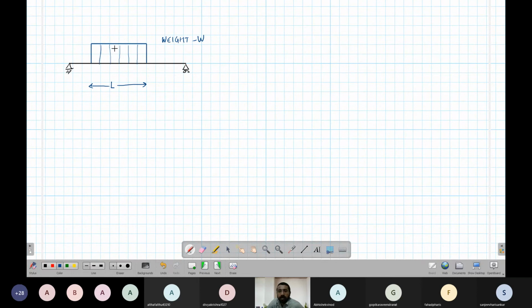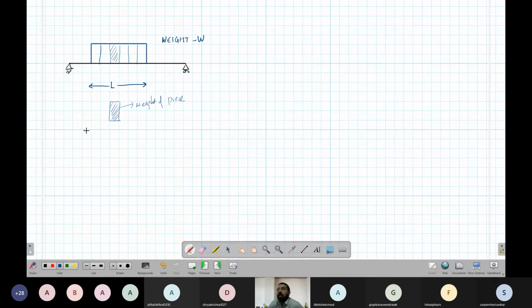So what is the weight of one piece? Okay, so I have divided this into 6 pieces: 1, 2, 3, 4, 5, 6. Out of 6 pieces, what is the weight of one piece? 1 by 6.